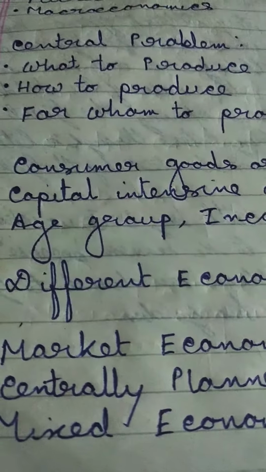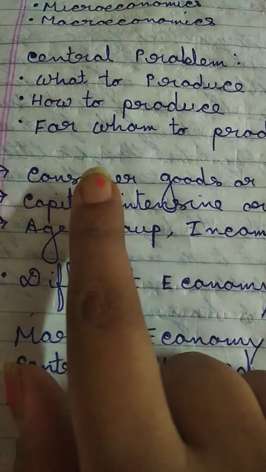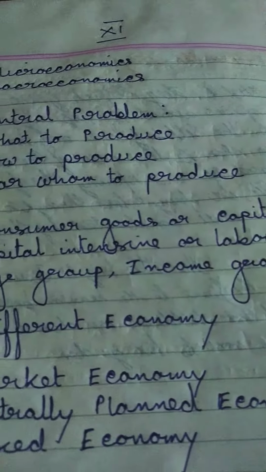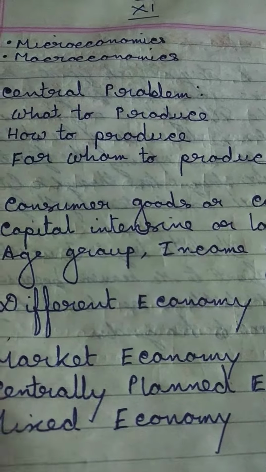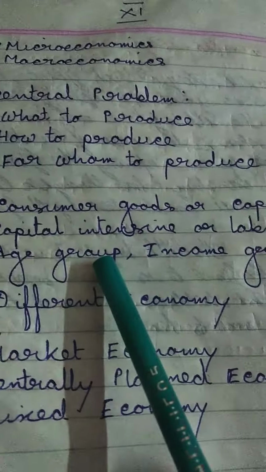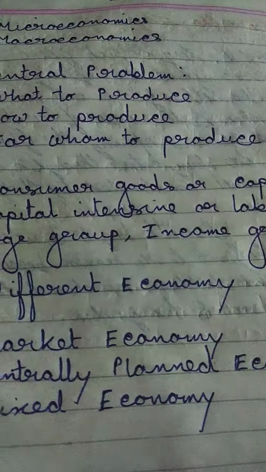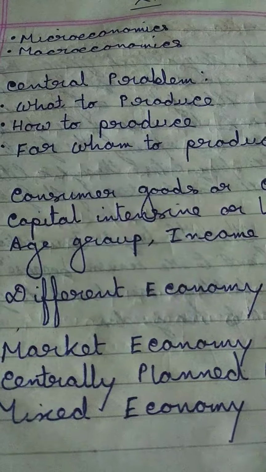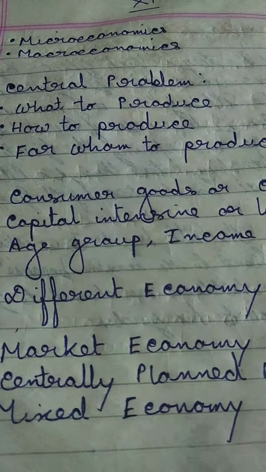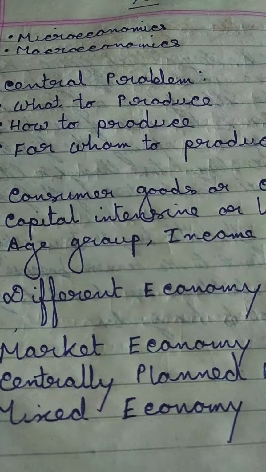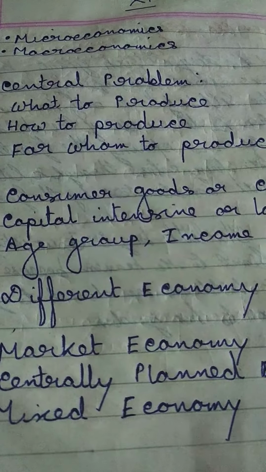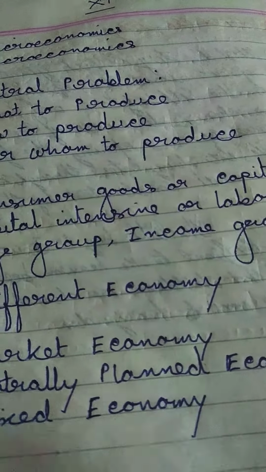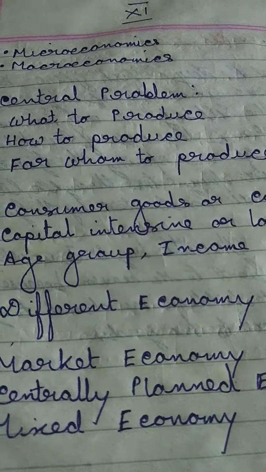What to produce actually creates a doubt between consumer goods and capital goods. Among those two, you have to choose which type of good you as a producer want to produce. Now the answer lies in some conditions. Suppose you stay in a country where the number of consumers is much more than the number of producers.